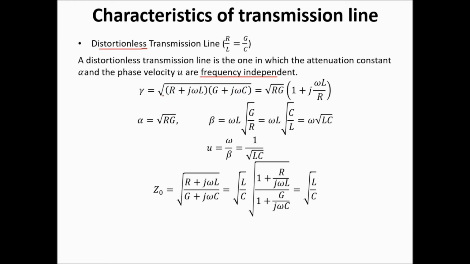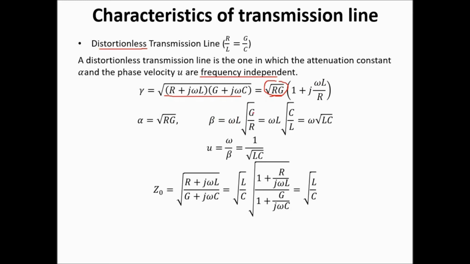So you see here we have R plus j omega L. The condition is R over L equals G over C. Now if I take R and G as a common factor, it will be 1 plus j omega L over R. Now for alpha, you see the real part is this one, and the imaginary part will be j omega L times this one.